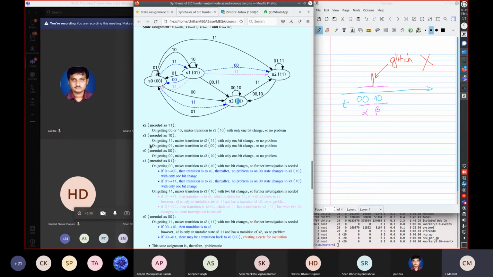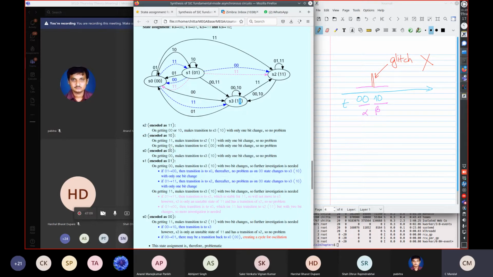Let us look at S3. S3 is encoded as 1, 0. On getting 1, 1, it makes a transition to S2 with one bit change in the state, as before.